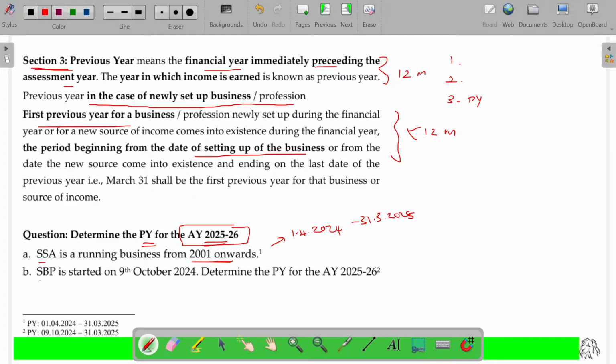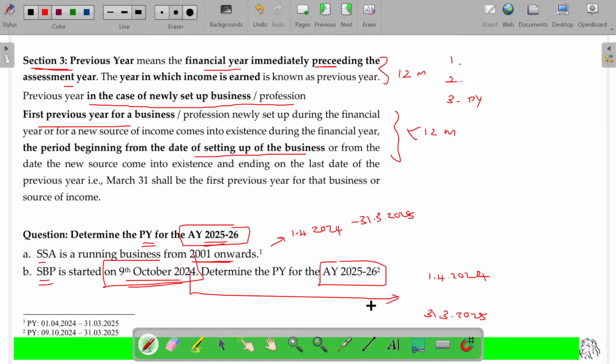Now, SPB started on 9th October. For this assessment year, usually the previous year starts on 1/4/2024 and ends on 31st March 2025. But this business started in this previous year, not prior to that, on 9th October 2024.